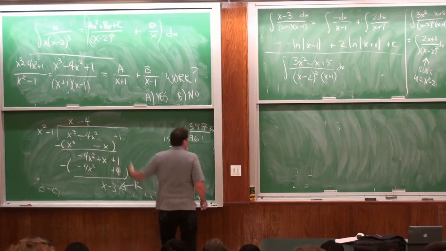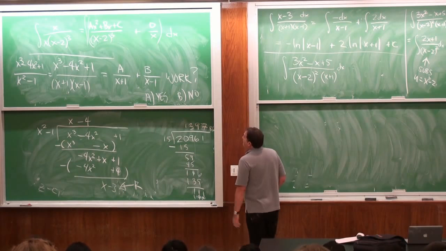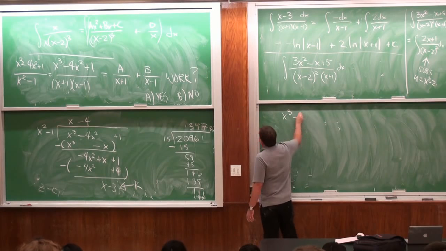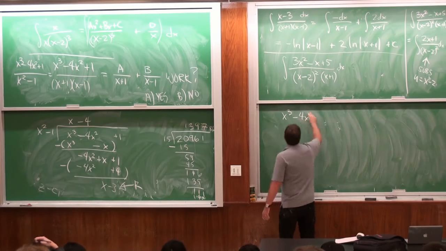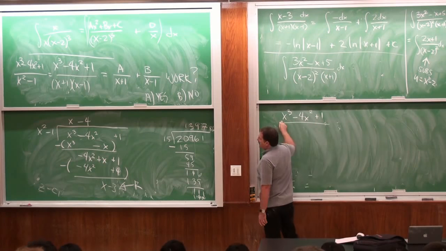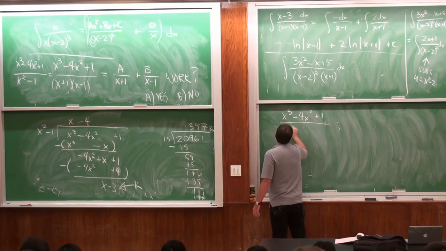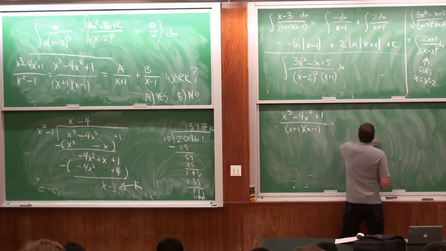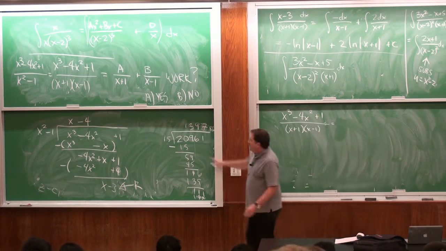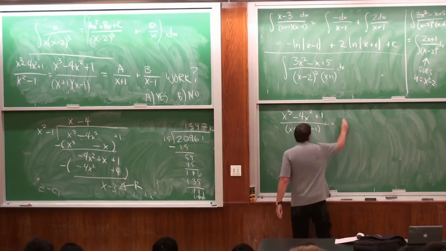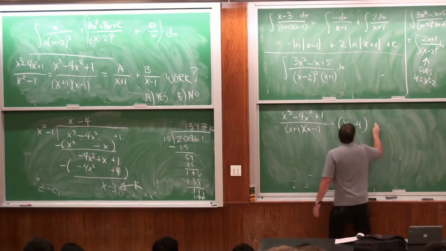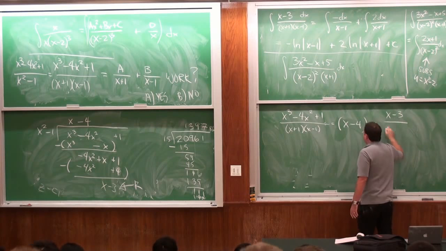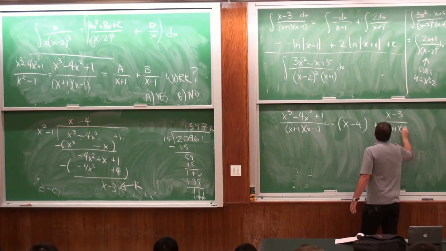So that means that this process has shown me that x cubed minus 4x squared plus 1 over (x plus 1)(x minus 1) is the same thing as x minus 4 plus (x minus 3) over (x plus 1)(x minus 1).